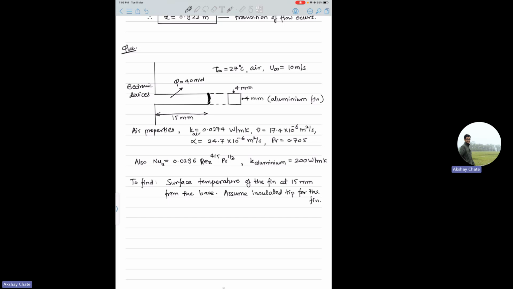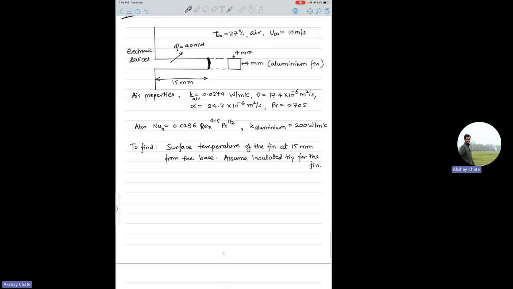Now let's see how to solve these types of problems. So first of all, calculate the Reynolds number at x equal to 15 mm. That will be u infinity into x divided by the kinematic viscosity, right?